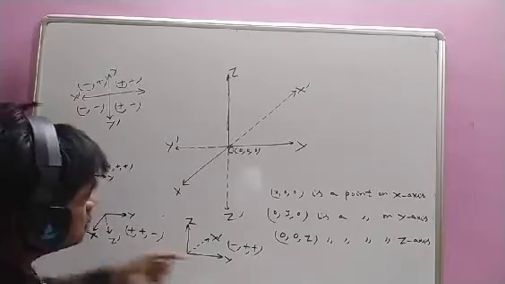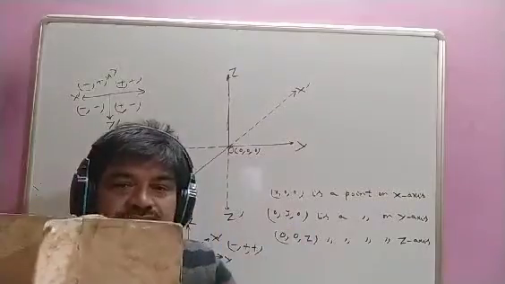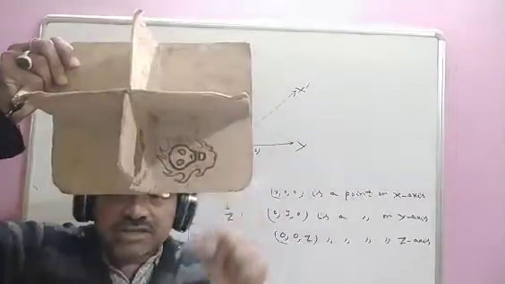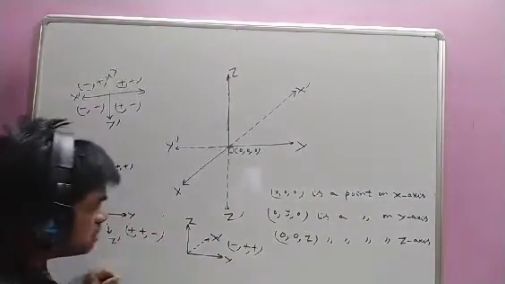But below this octant, the z coordinate is negative. The z axis below this is always negative. So below this, the octant is what? Minus plus minus.